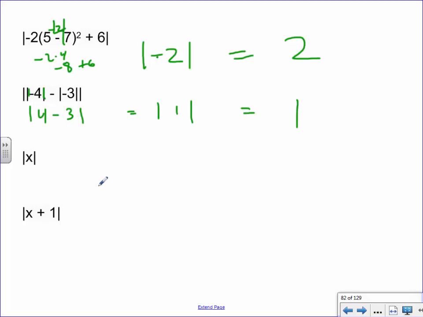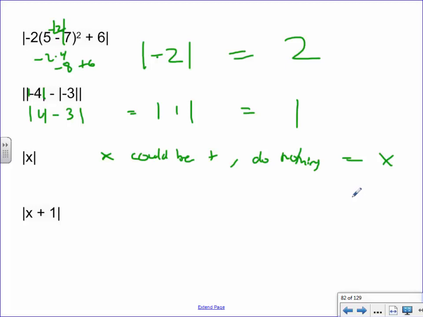Really, there's two possibilities here. X could be positive. Like, for example, let's say x was 7. Well, if x was 7, would you have to do anything to that value? Now, if x was positive, you would do nothing to it. So that means it would equal x.